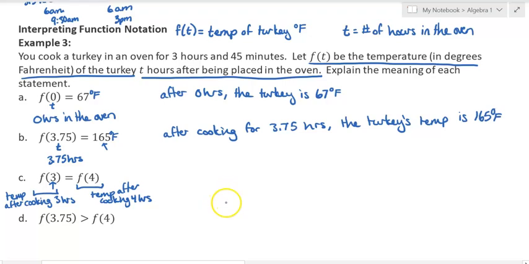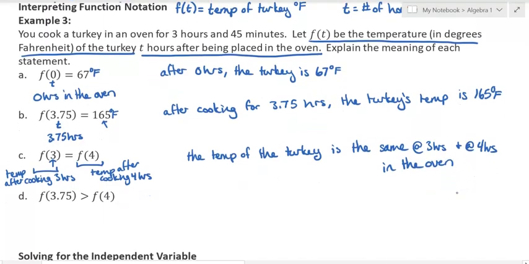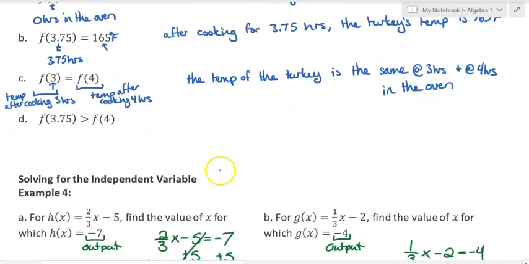So it means that the temperature of the turkey is the same at 3 hours and at 4 hours in the oven. So it's probably reached the hottest part of the oven, and so it's not going to get any hotter than what the oven's set at, and that's probably why it's the same. All right, or maybe it's cooled down, who knows?